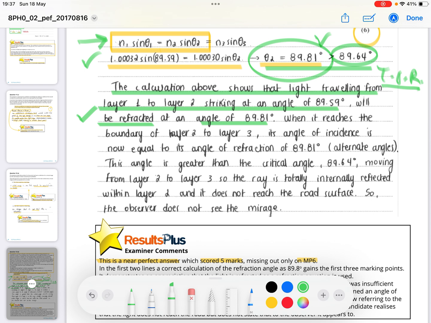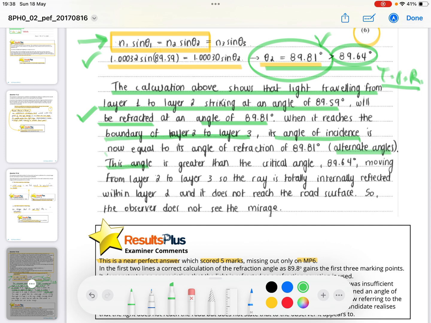Then at the next boundary, he says this time, when it reaches the boundary of layer 2 to layer 3, its angle of incidence is now equal to its angle of refraction. He's mentioning that he understands how the alternate angles work. You don't actually need to say that.